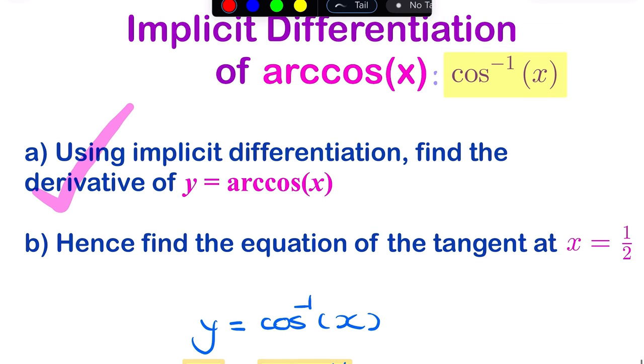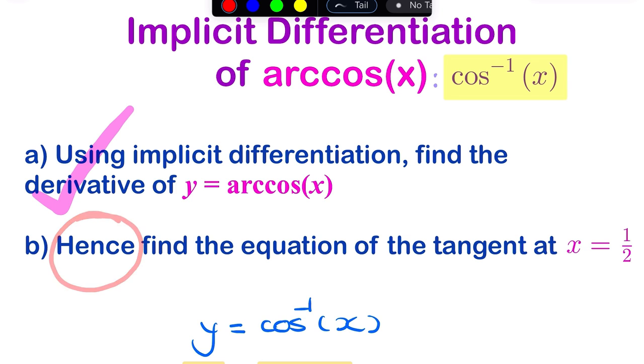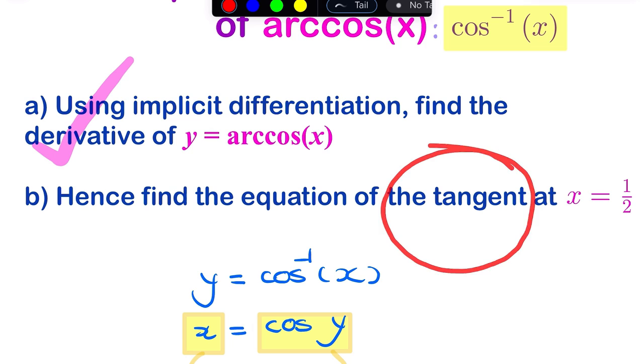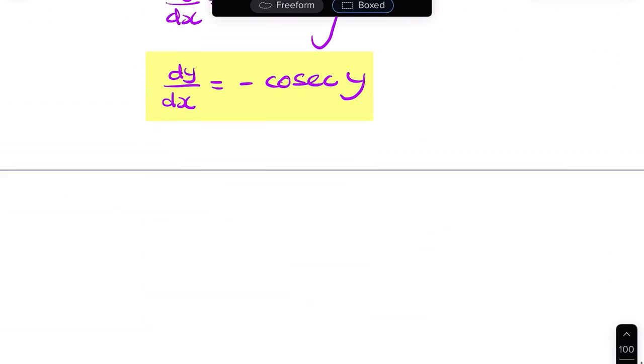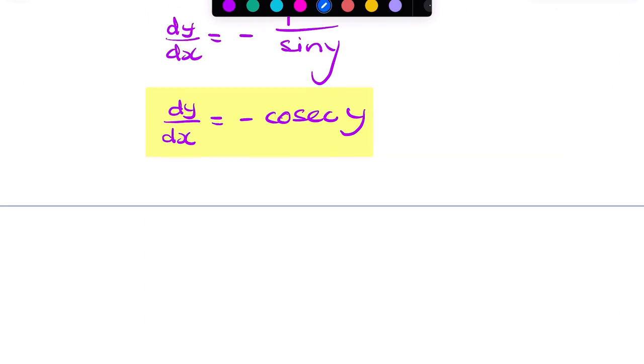It then goes on to say, hence, using the dy by dx you found, find the equation of the tangent at the point x equals half. So the equation of the tangent is basically a line.